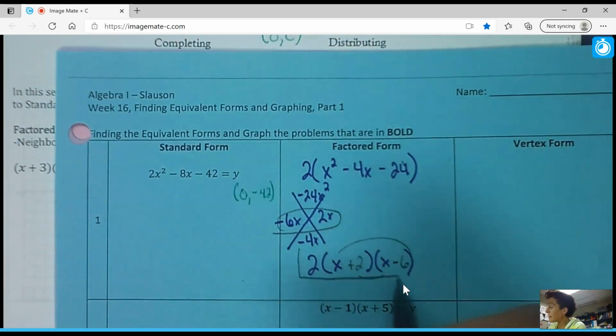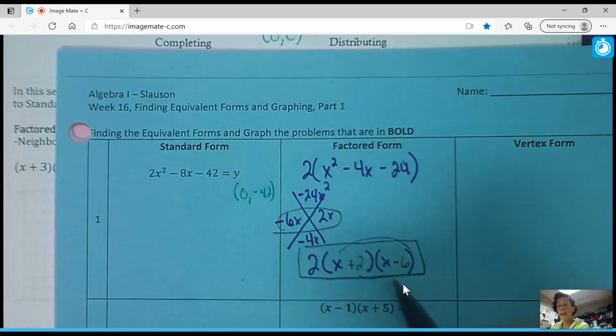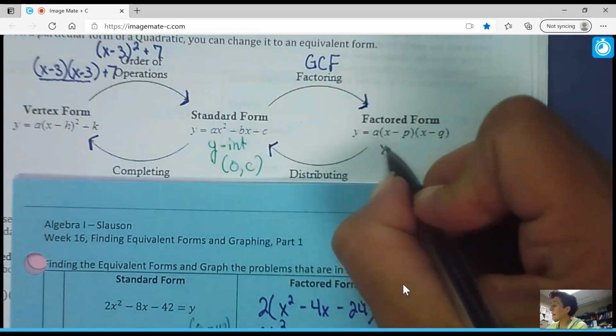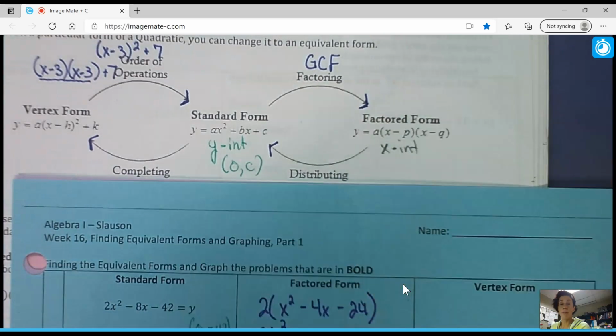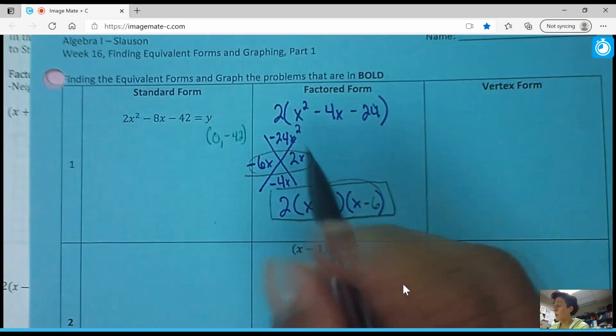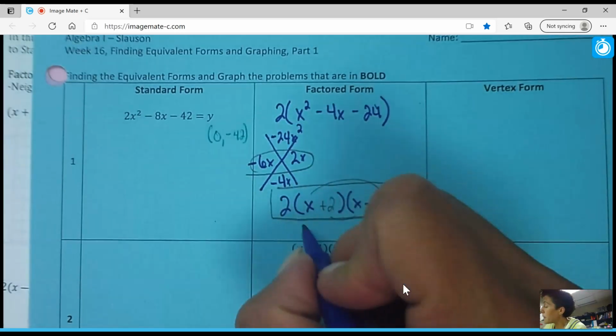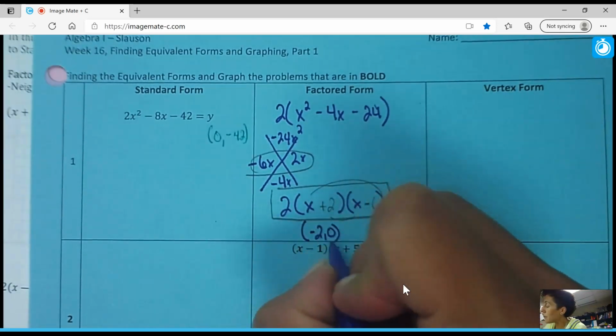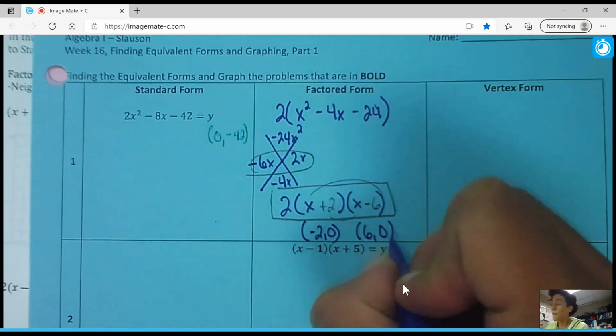So now you have it in factored form, and from there you can find your x-intercepts. And the trick is just do the opposite of what's in the parentheses. It doesn't always work, but it will work here. So this one is (-2, 0), and this one is (6, 0).